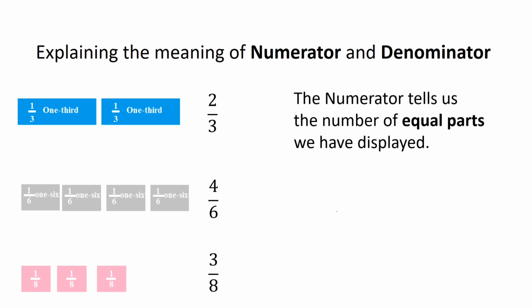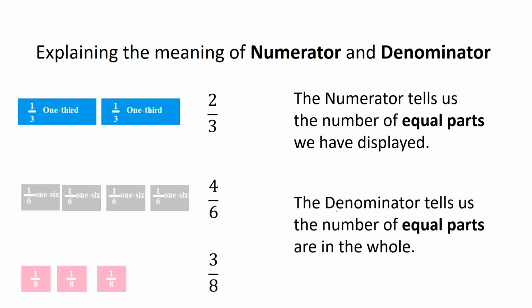The numerator tells us the number of equal parts we have displayed, and the denominator tells us the number of equal parts that are in the whole. These must be measured against the students' responses, and the teachers will guide the students accordingly to solicit the response that is needed.